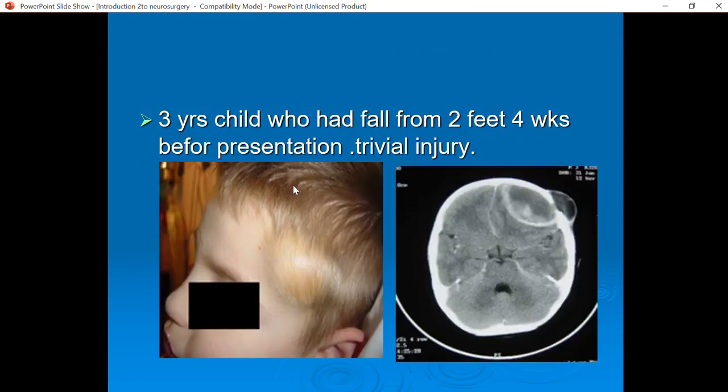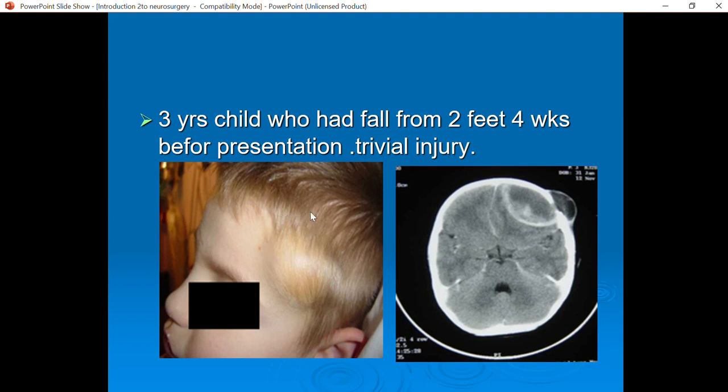Remember, this is a child who comes to a doctor a few days later with his parents, claiming that they noticed this after a fall, but they don't remember when. So many doctors diagnose this as subgaleal hematoma or cephalhematoma.